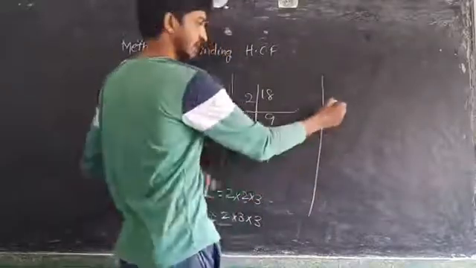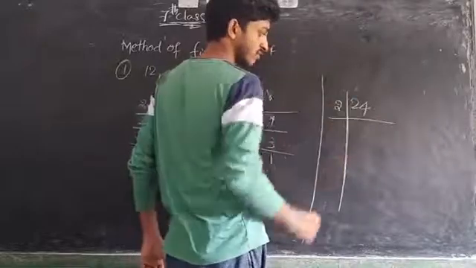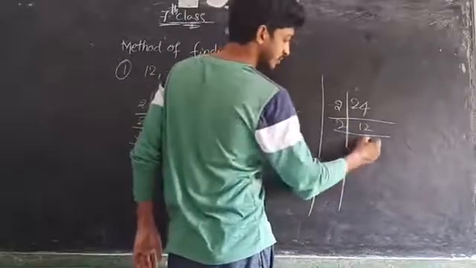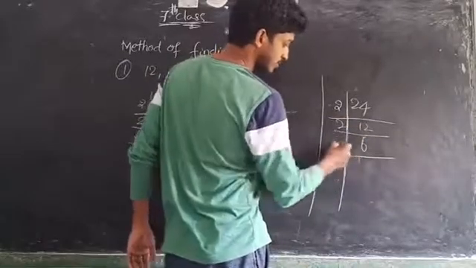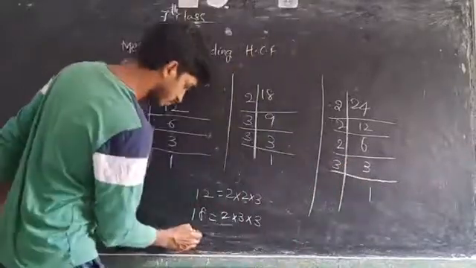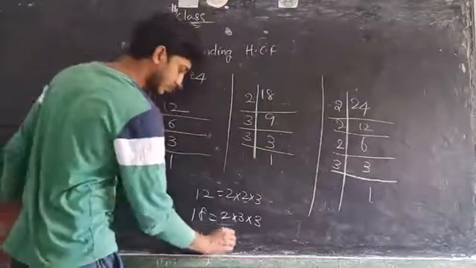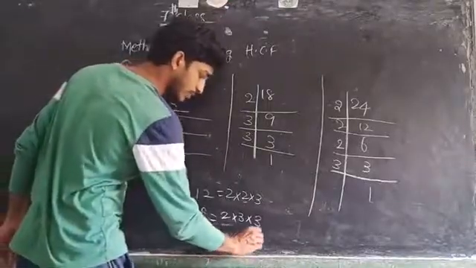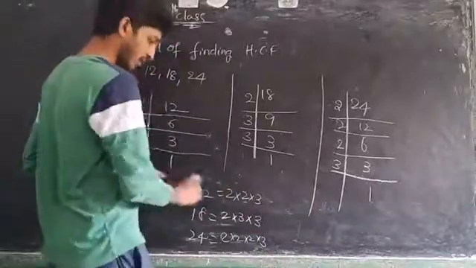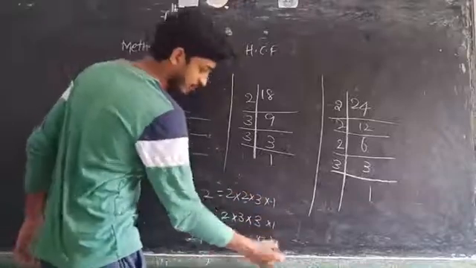Now I am taking 24. 2 table 12 times, again I am taking 2, 6 times, again 2, 3 times, and 3 table 1 time. So I am writing it as 2 into 2 into 2 into 3. See here children, here 1 also, that's why I am multiplying it with 1.